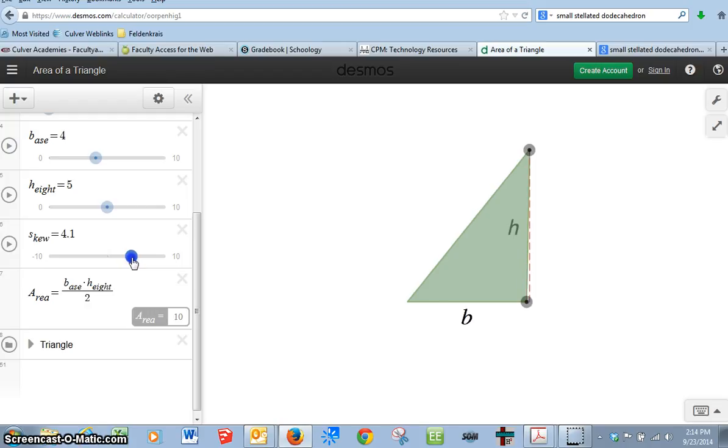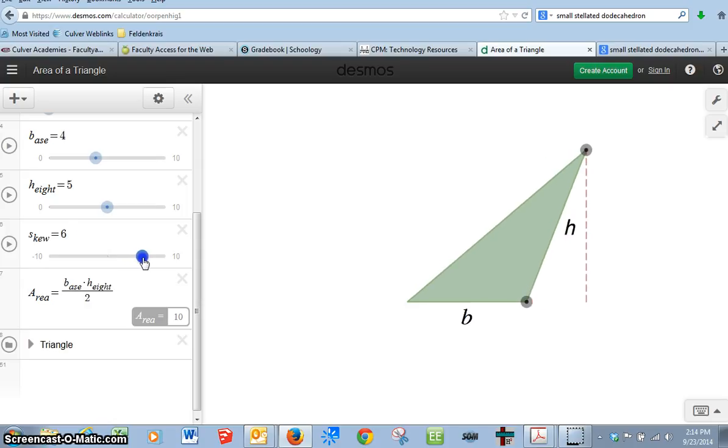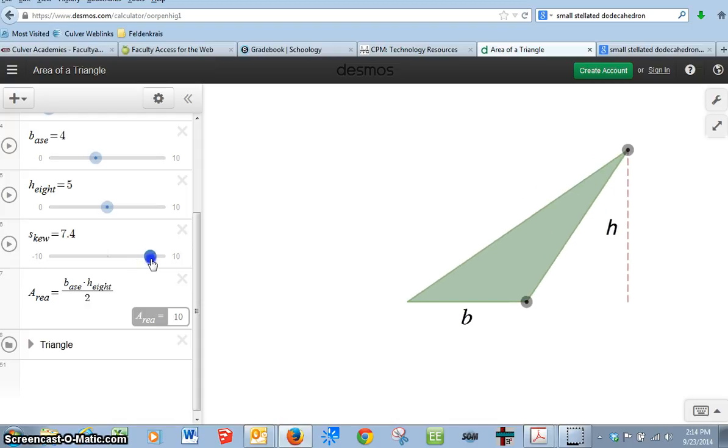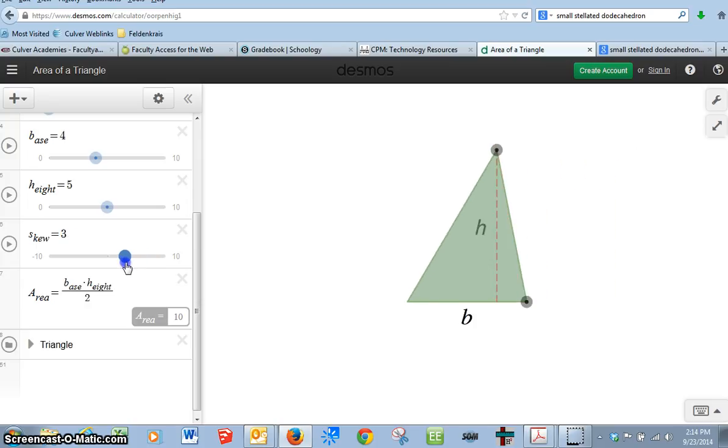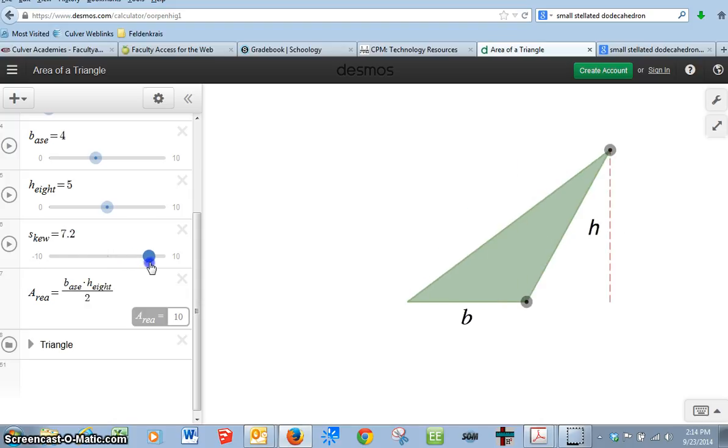I can even go outside the triangle with that perpendicular segment or that height segment, where height is perpendicular to the base in this example, or perpendicular to the line that contains the segment that is the base in this example. Height is still 5, base is still 4, area is still 10.